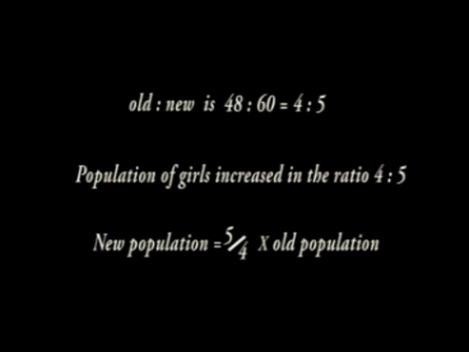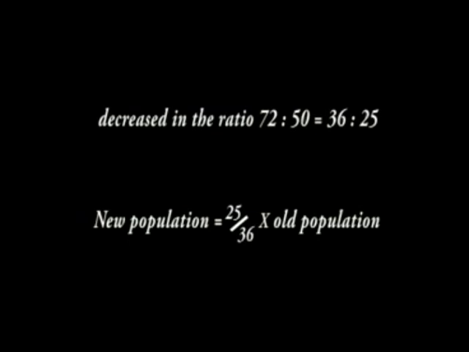For the boys, the population decreased from 72 to 50, a ratio of 72 to 50, which is equal to 36 to 25. That means new population is equal to 25 over 36 times old population.